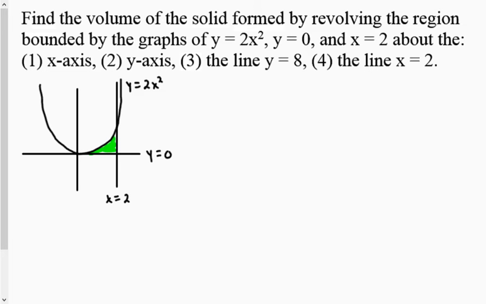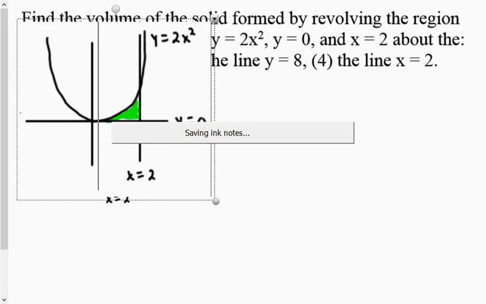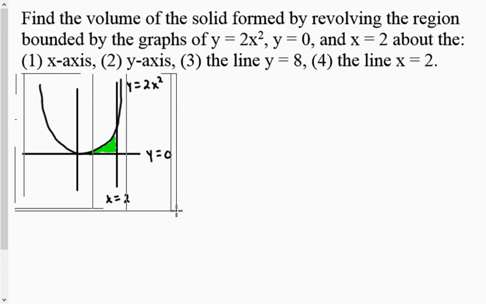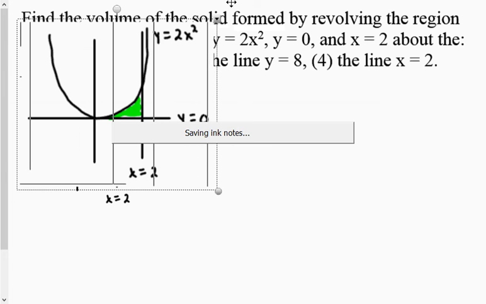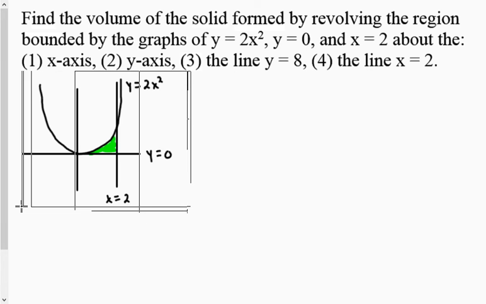Now, since we're going to do this 4 times, instead of drawing it 4 times, I'm just going to take a picture of this. I don't like it when it puts that line in there. It bothers me. See if I can get it without the line. Why is it doing that? If I start from the right and go back to the left, it won't do that. No, still going to do it.